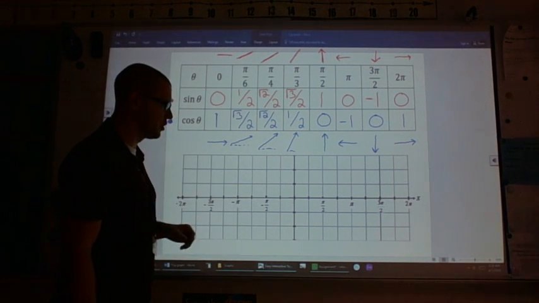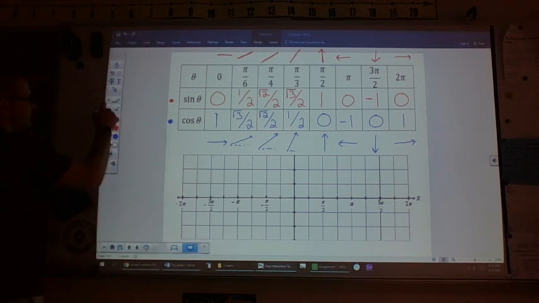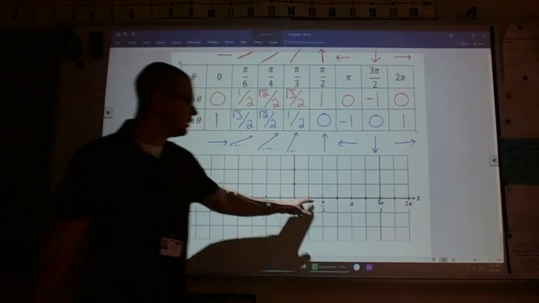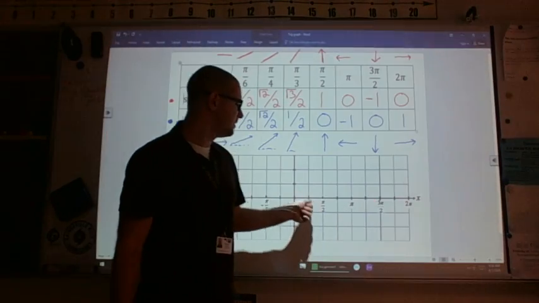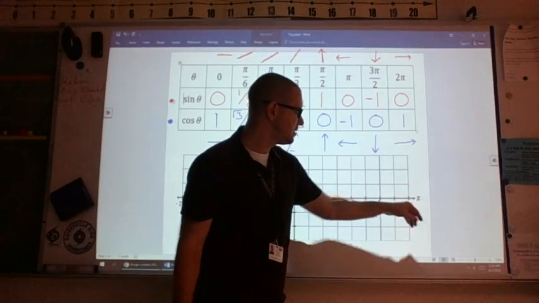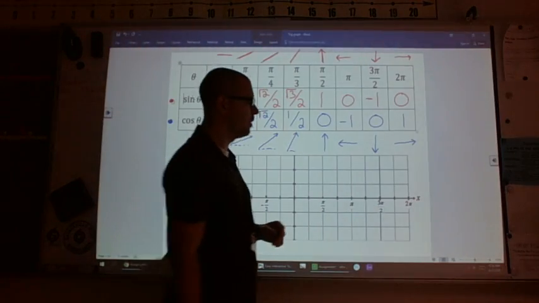And you'll notice that the coordinate plane looks a little different. The x-axis, now, instead of being 1, 2, 3, 4, 5, 6, is pi over 2, pi, 3 pi over 2, 2 pi, and the angles in between them are pi over 4.